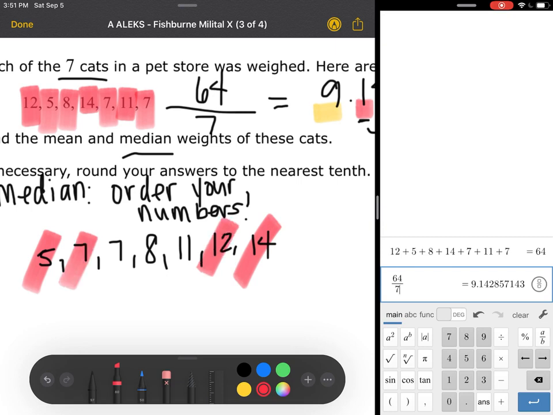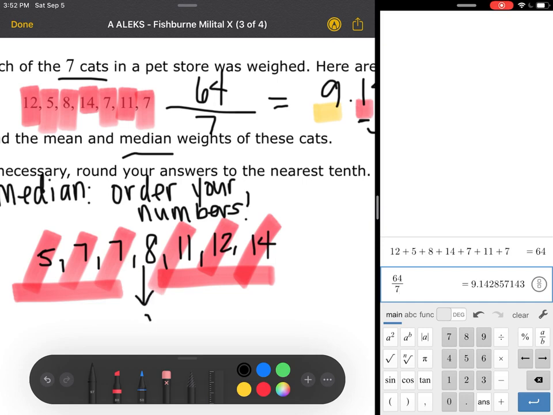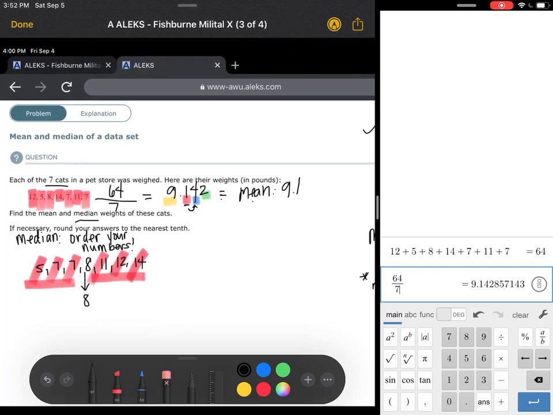I'm going to say this one and that one, and then this one and that one, and then this one and that one. So I've done 3 on this side and 3 on that side. What number is in the middle? That leaves me what's left in the middle. There is an 8. So my median is 8.